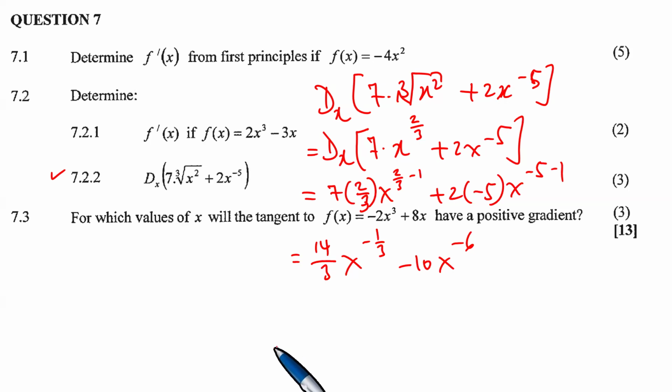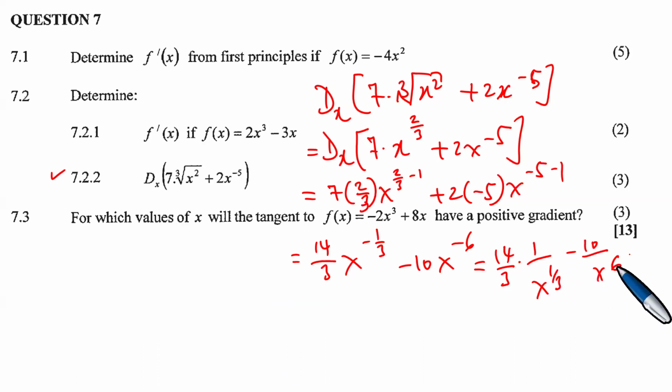Like that. And therefore, now it is standard practice to write your answers with positive exponents always, which means that you have 14 over 3 times 1 over x to the power 1/3, minus 10 over x to the power 6. So that becomes the result. So we have solved 7.2.2.